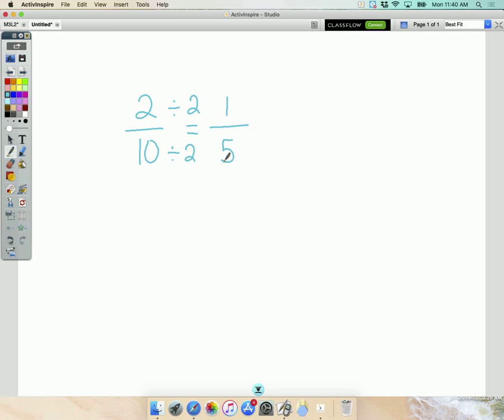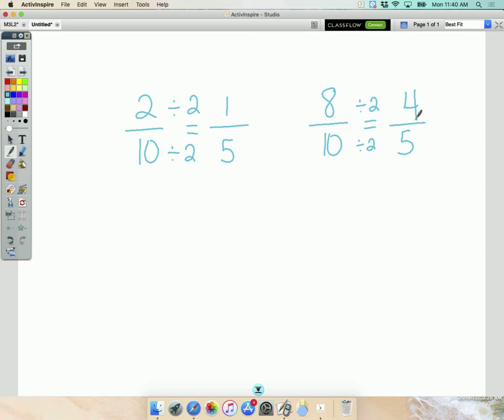5. Let me show you another one. How about this one? Oh, goodness. So what do I have to look at? I have to look at the 10 and the 5, don't I? Okay? 10 divided by something equals 5. So 8 divided by 2 equals 4.